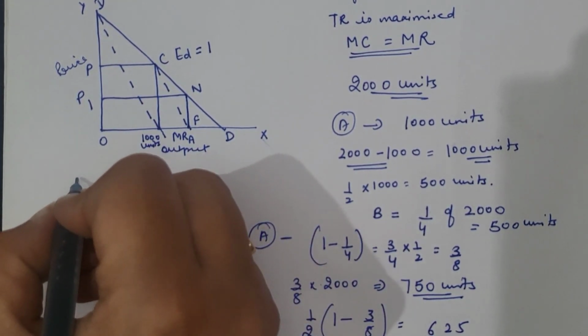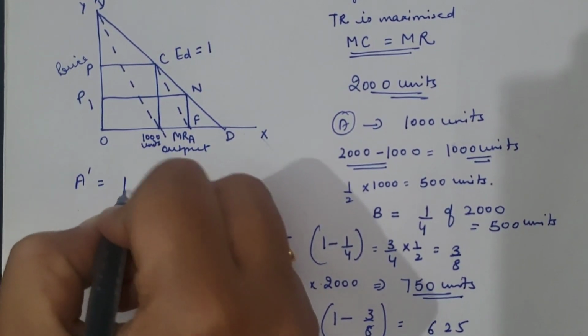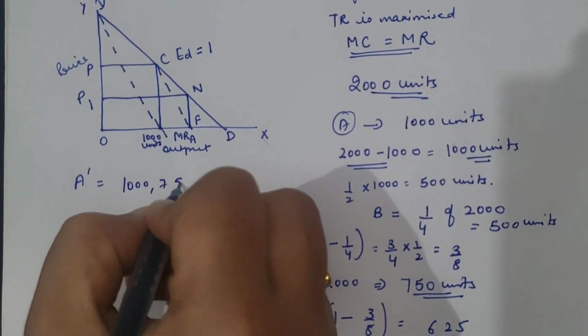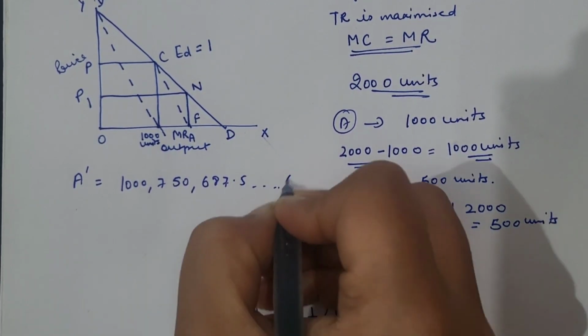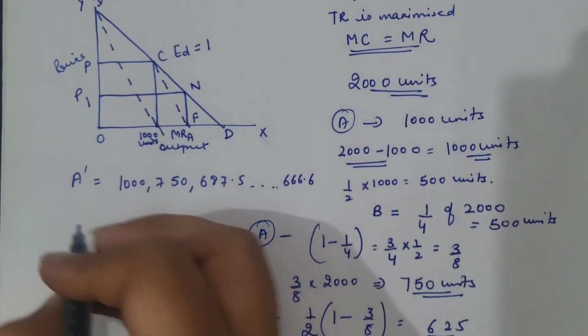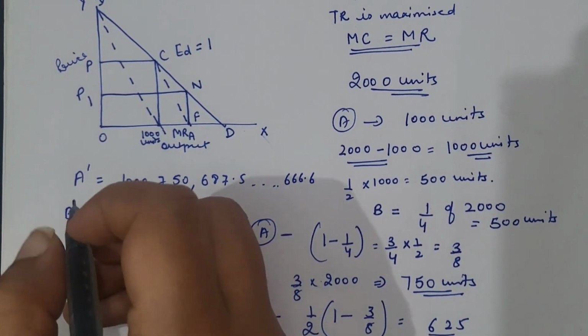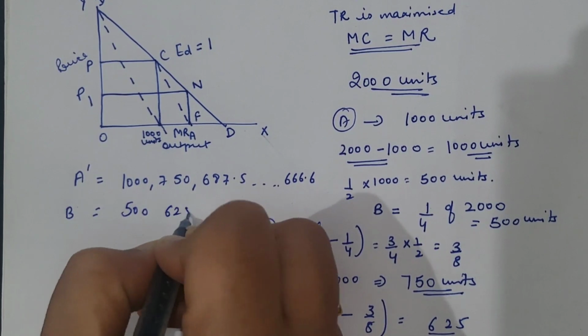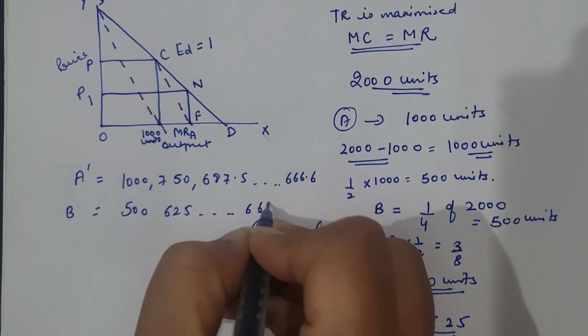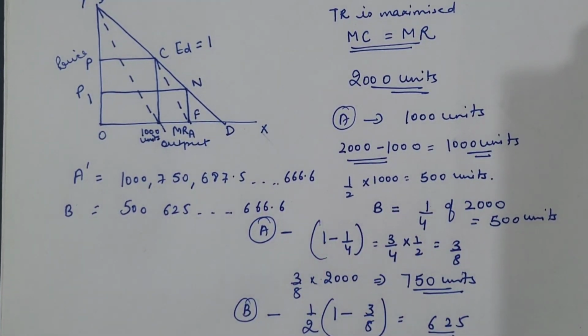So firm A's output would be 1000, 750, 687.5 till it reaches 1/3. And if we talk about B firm, then its output would be 500, 625 till it reaches its 1/3.